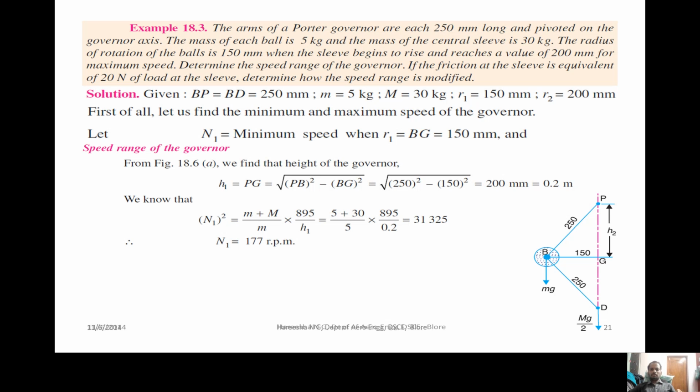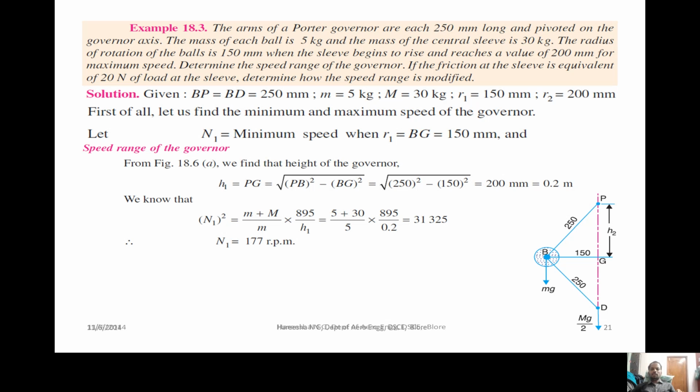In the previous problem also, the same type of information was given for solving the problem. There it was 15 kg as the sleeve.